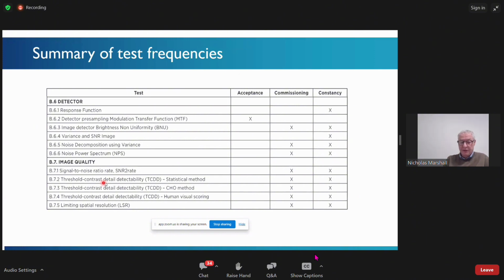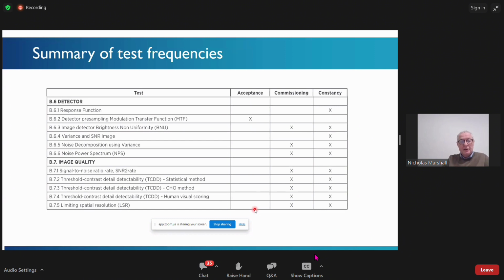The manufacturers won't be doing these kinds of things, but we will be doing commissioning to try and examine the imaging performance of the system, and then followed up by constancy testing. And then the famous limiting spatial resolution as well at the end. That's tested as a detector geometry, and also as a system or clinical type of geometry, and I'll explain those in a minute.